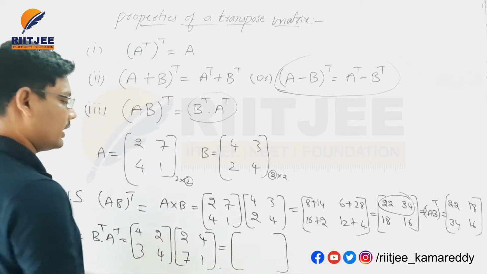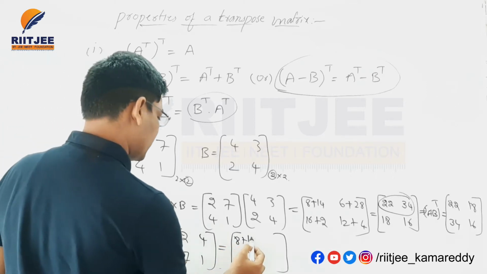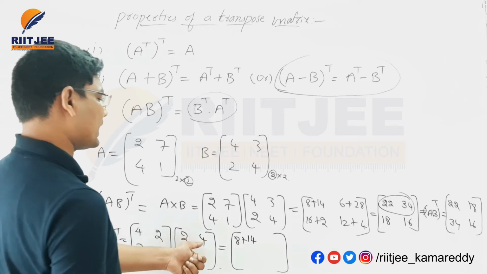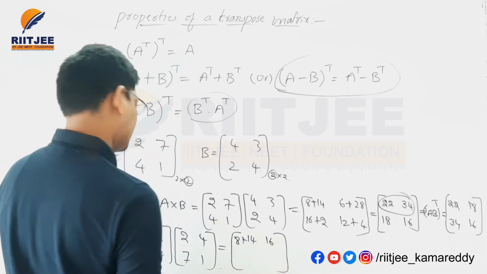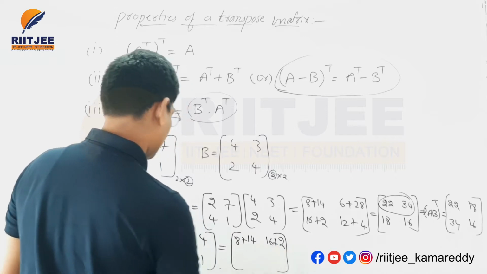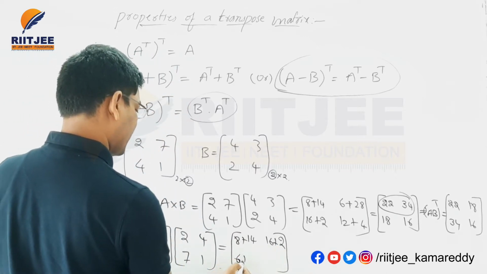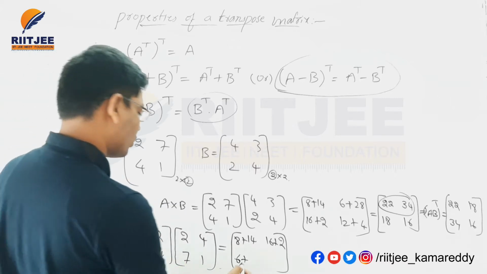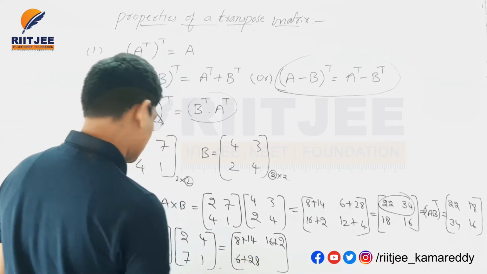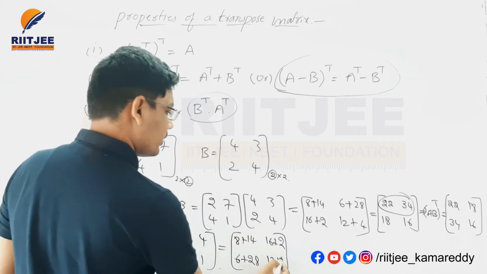Next 4 2s are 8 plus 2 7s are 14. Next 4 4s are 16 plus 2 1 is 2. Next 3 2s are 6 plus 4 7s are 28. Next 3 4s are 12 plus 4 1 is 4.